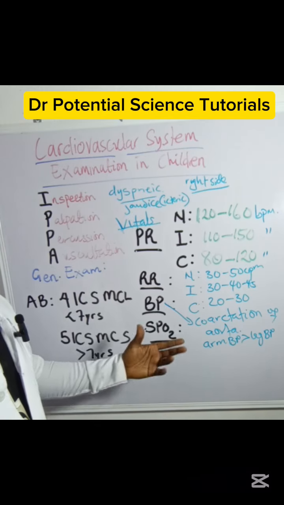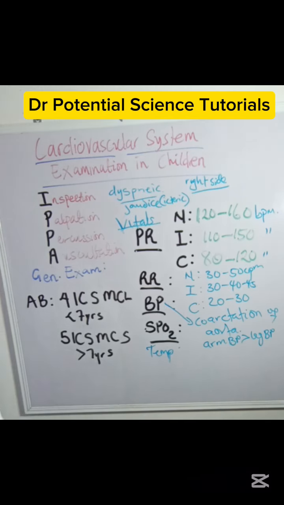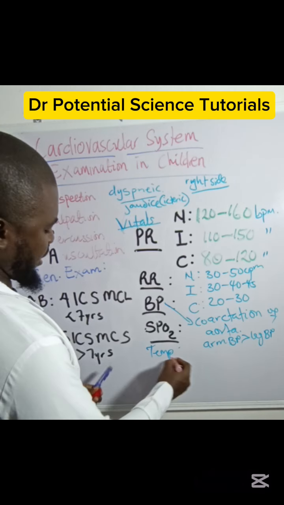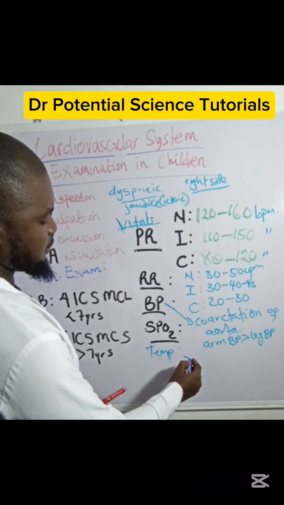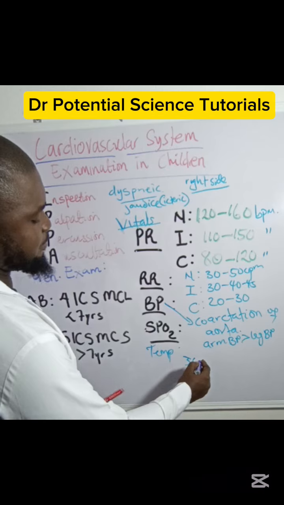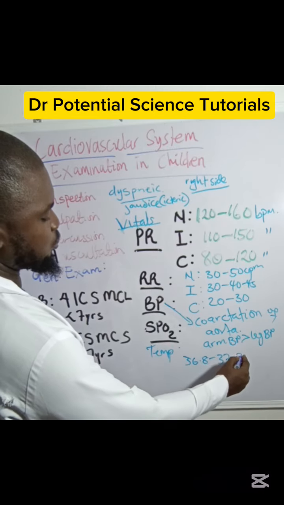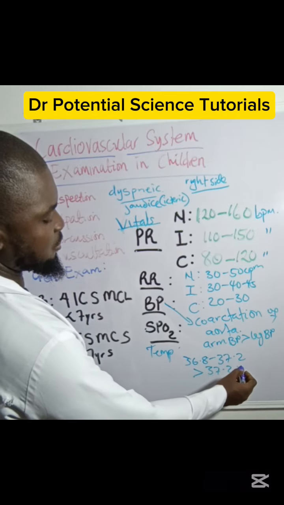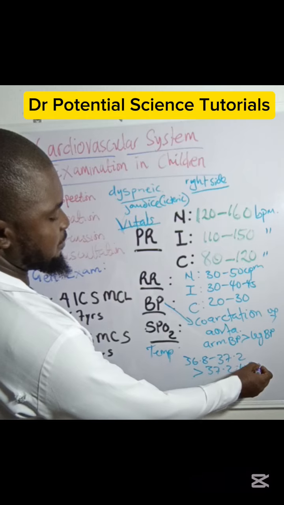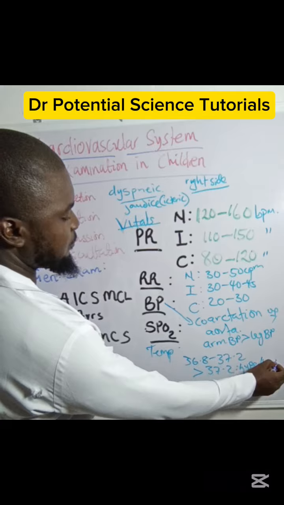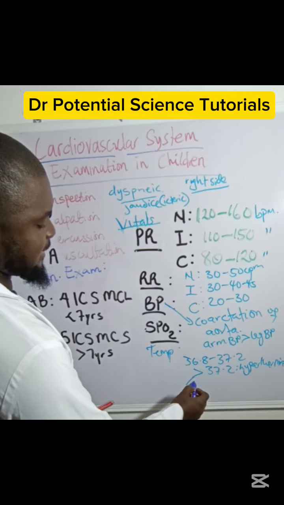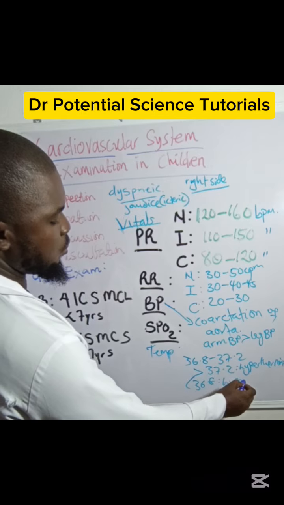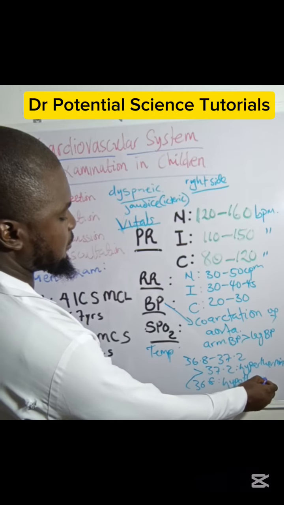Normal temperature should be between 36.8 and 37.2. Anything greater than 37.2, we say the child has hyperthermia. And less than 36.8, we say the patient has hypothermia.